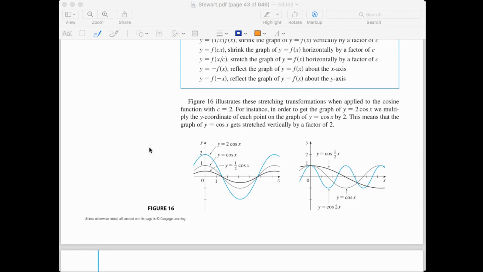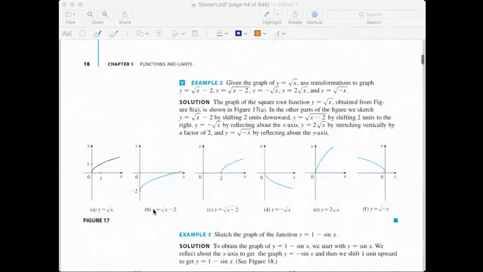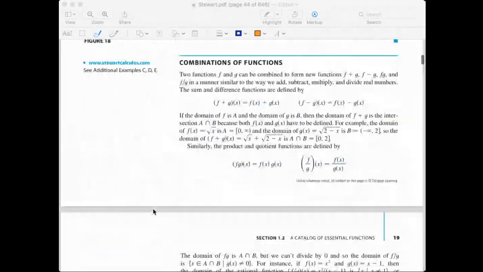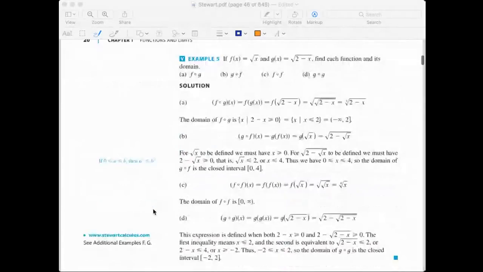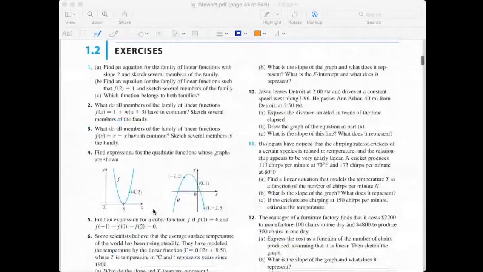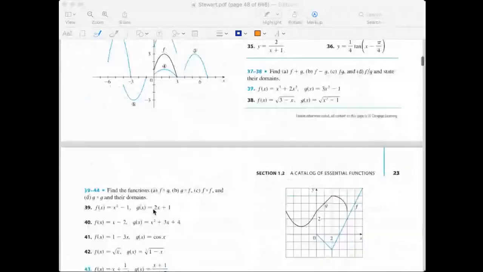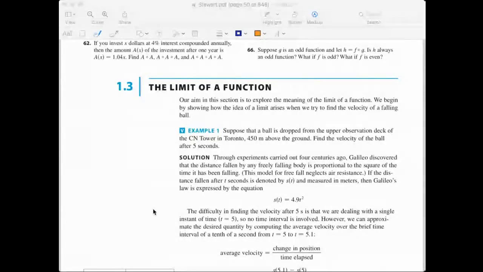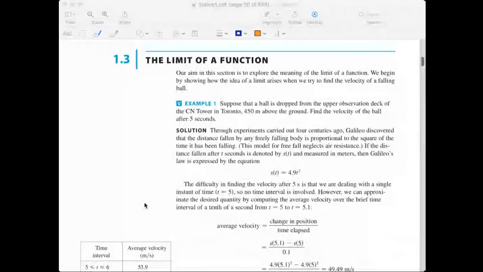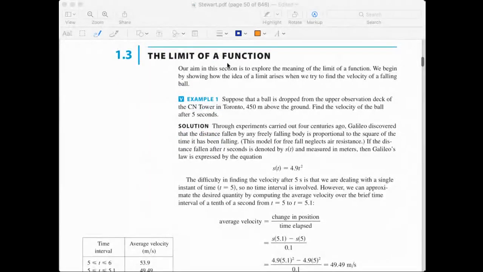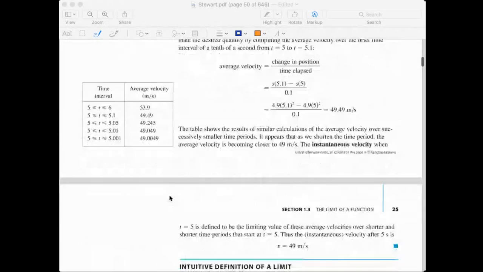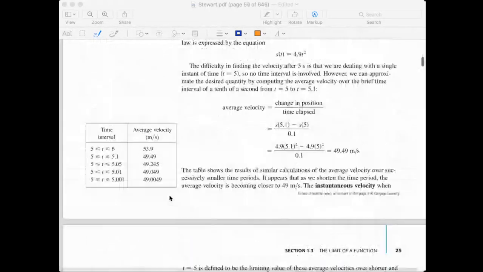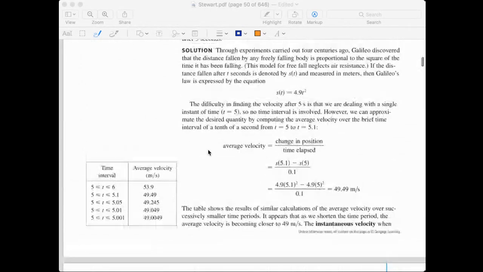Okay, now I think we're ready for the limit. All right, we're ready for the limit. So the limit of a function. This is the same.